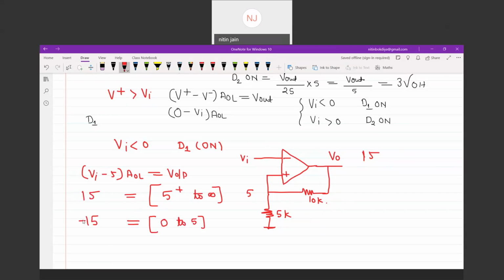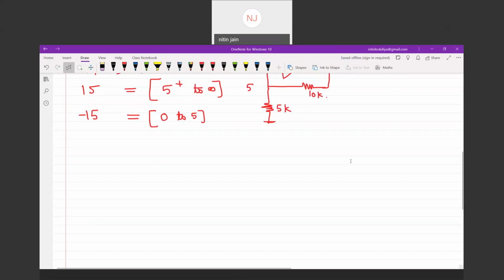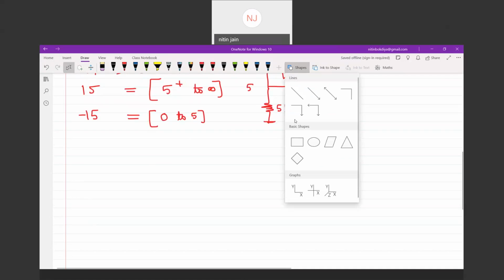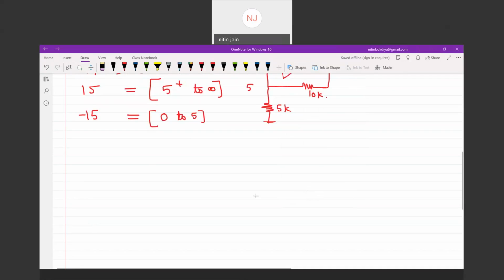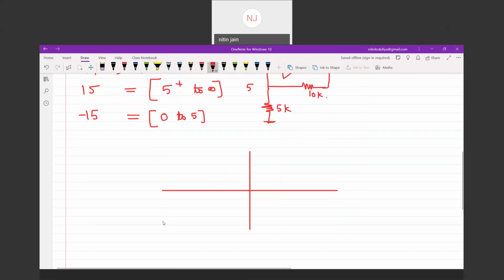Now, what is next? So I can draw this. Output is at 15 volt for 0 to 5.